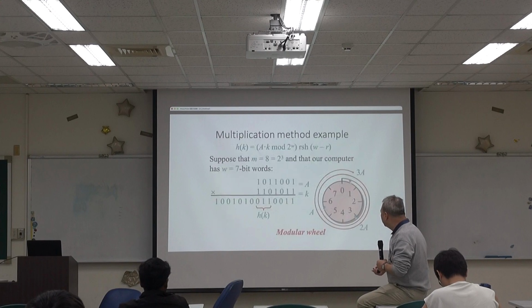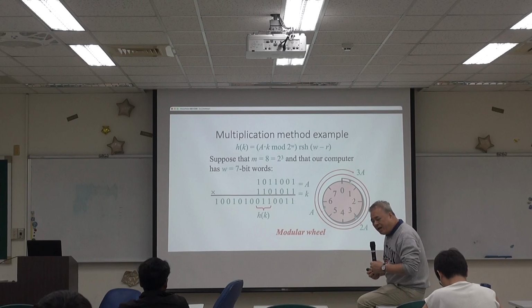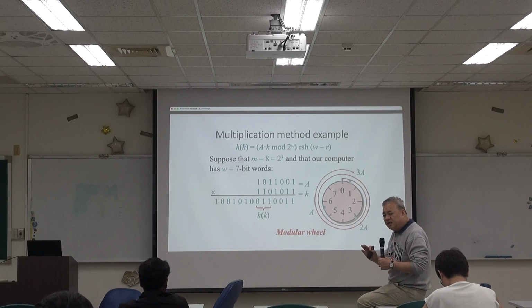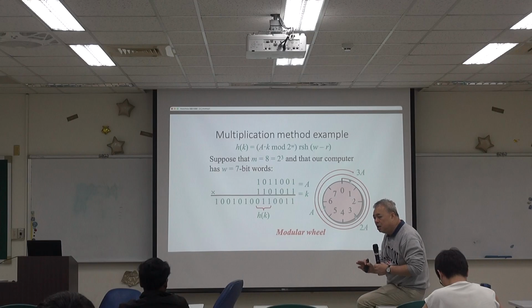But here we do a times k mod 2 to the power of w. If you multiply your key with a, then it is not going to be that easy anymore. It is different.